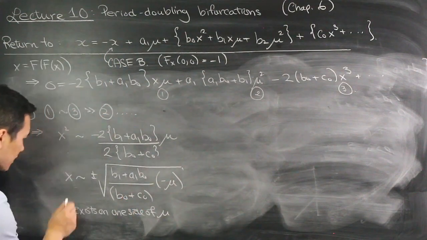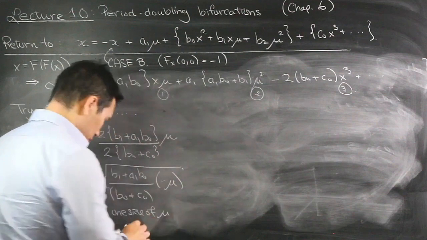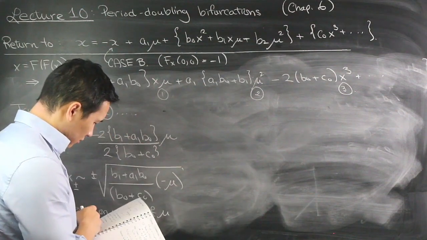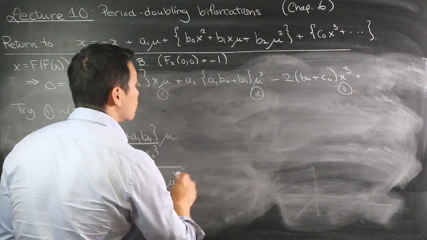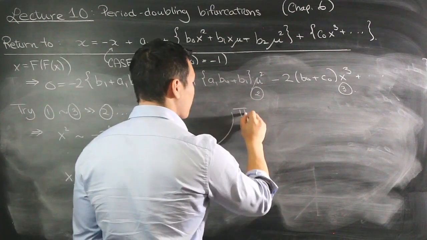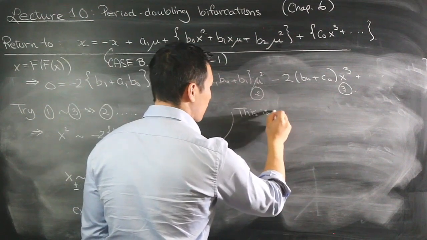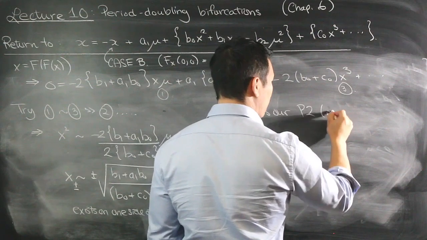I'm going to call this a plus or minus just for my notation here. And this is our P2 orbit here. So this is our P2 orbit, or period 2 orbit.